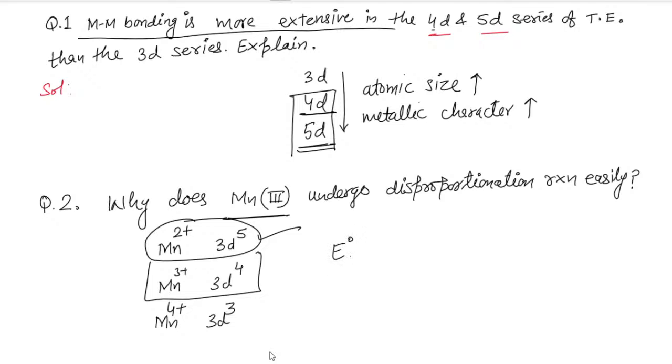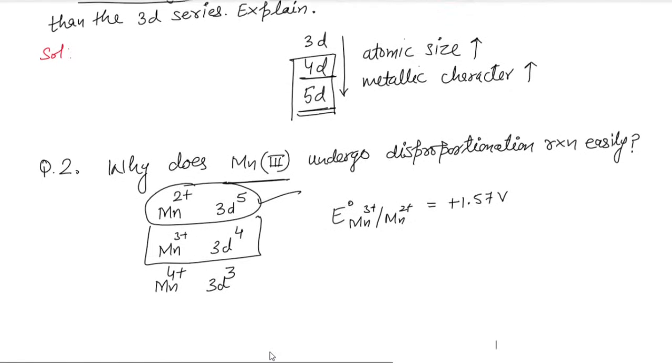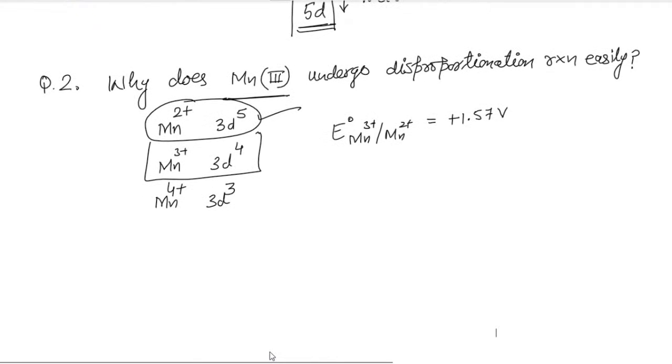So the E naught value of Mn3+ to Mn2+ is positive, plus 1.57. Therefore it undergoes disproportionation, because Mn3+ is less stable, or unstable, as compared to Mn2+ as well as Mn4+.